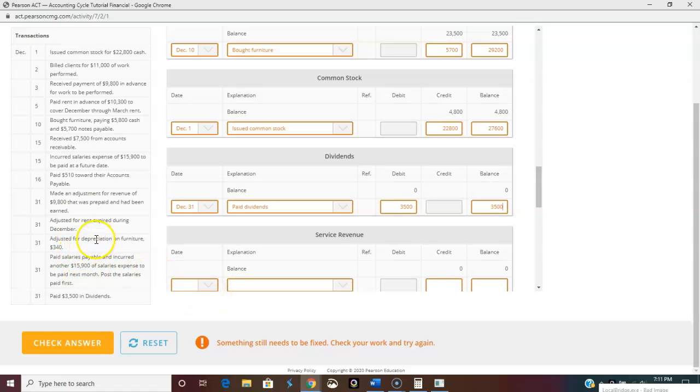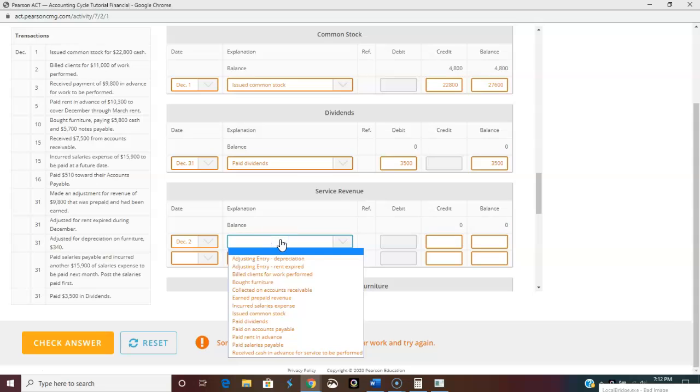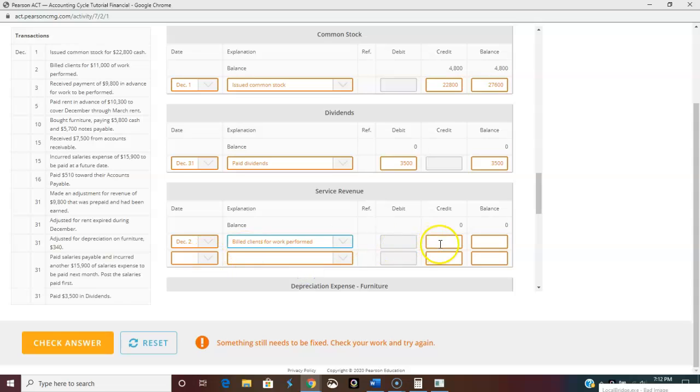Service revenue, we have 2. So second is not earned prepaid. It's not received cash in advance, so it's going to have to be this one, which doesn't make sense to me, but we'll take it. 11,000.